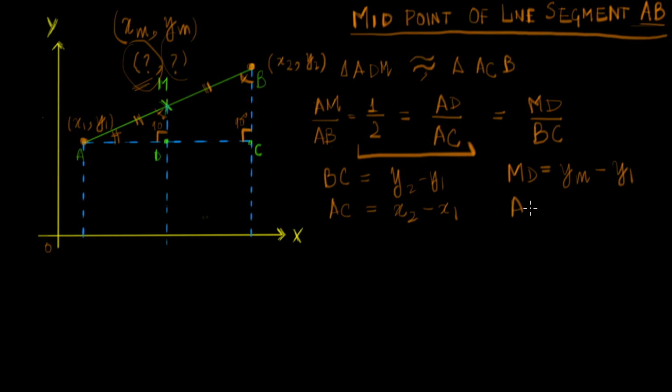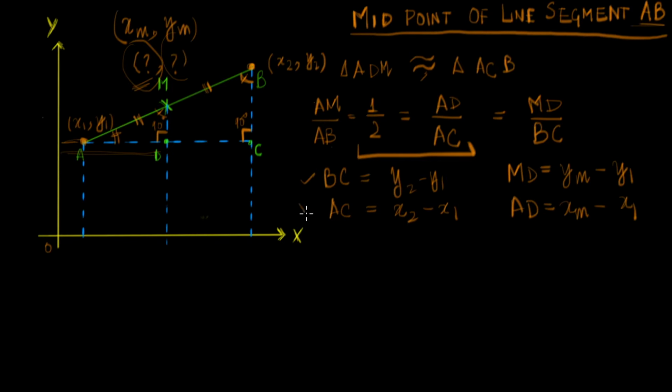And by similar reasoning, we can say that AD, which is this distance, is xm minus x1. x1 is this, xm is this. So it will be xm minus x1.